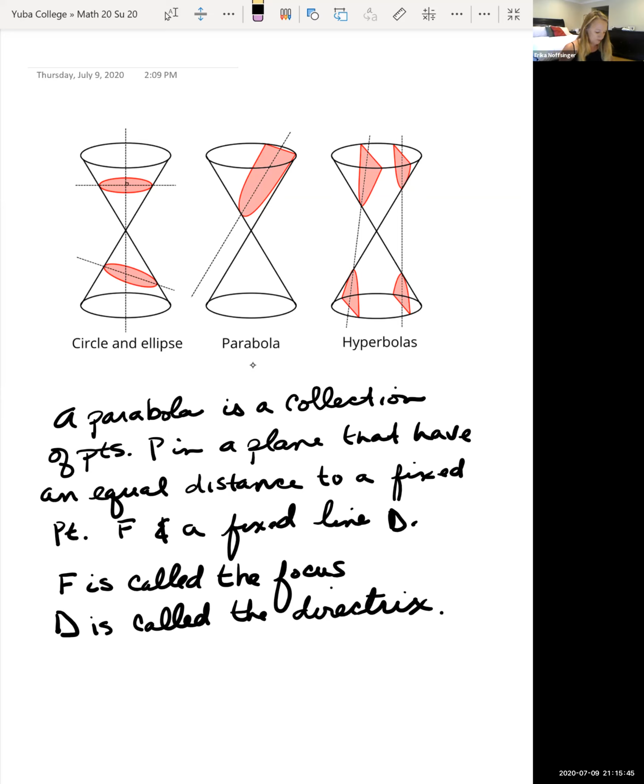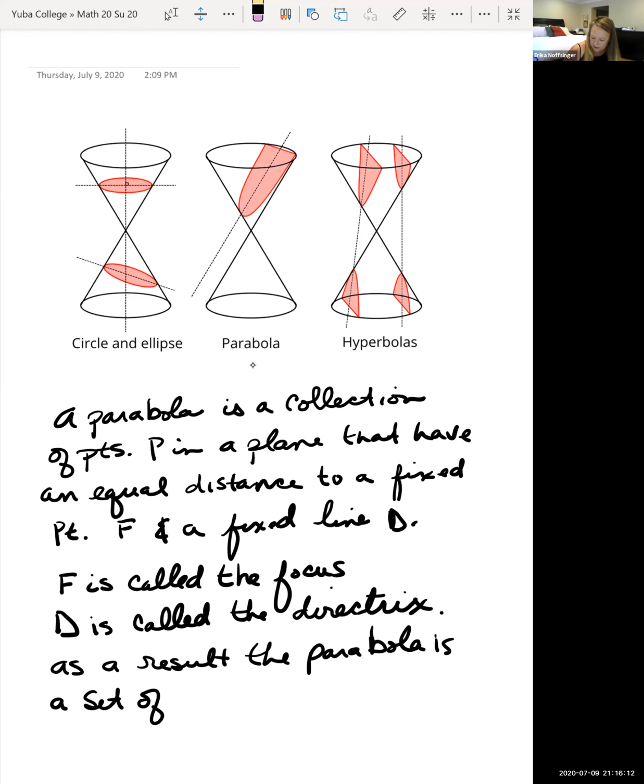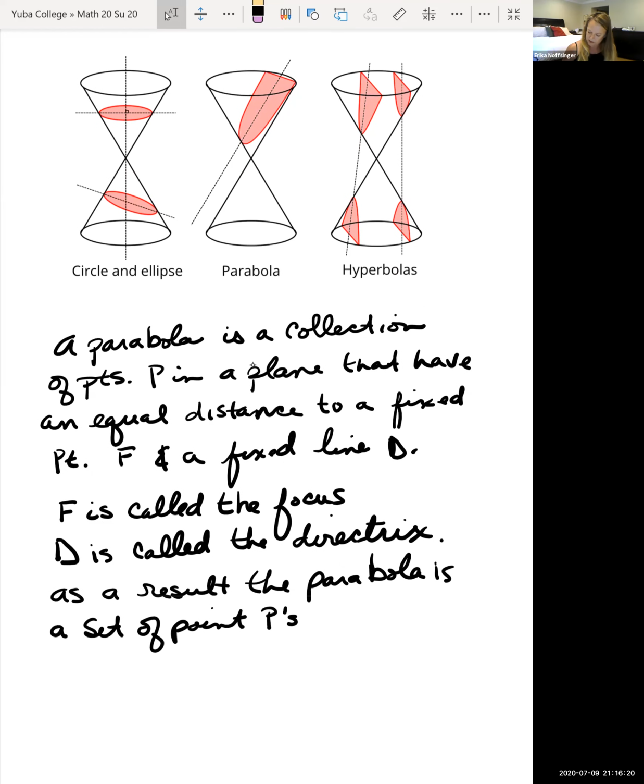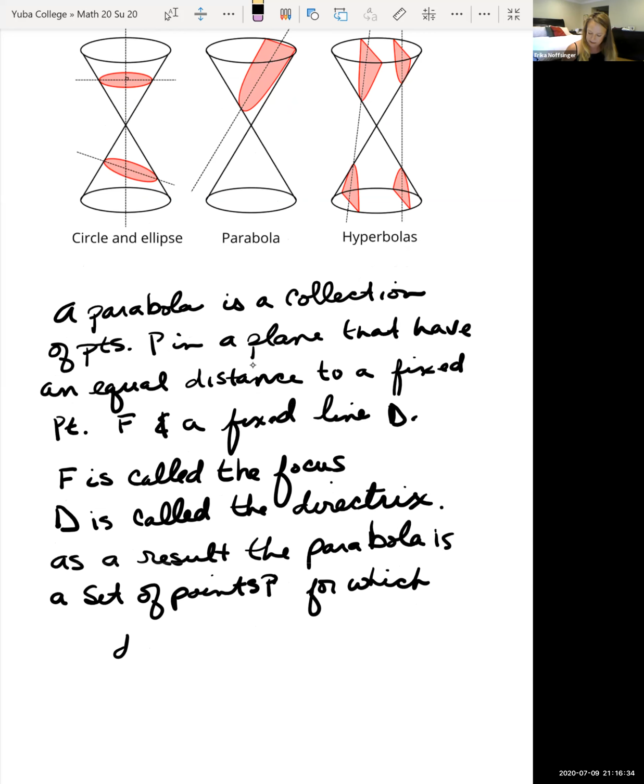As a result, the parabola is a set of points P for which the distance from the focus to the point P has to equal the distance from the directrix to that same point P.